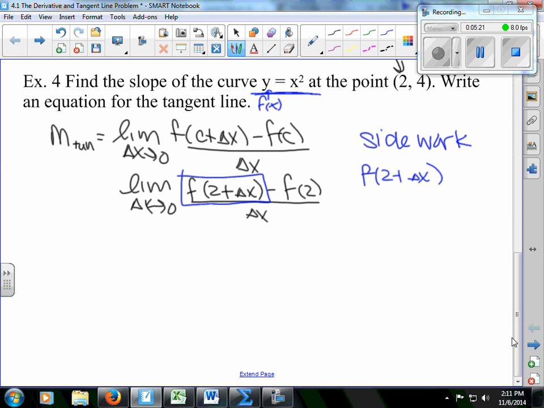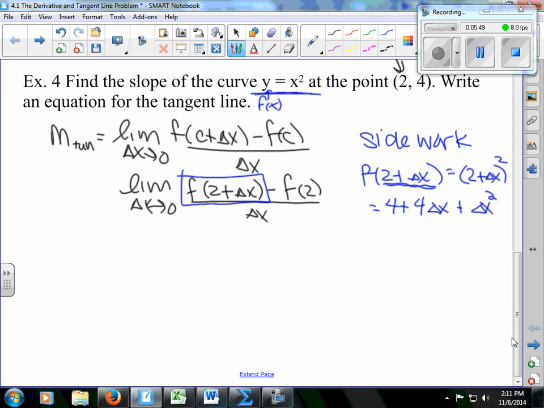I need to take the x in x squared and replace it with the input 2 plus delta x. So that equals 2 plus delta x squared, which is f of 2 plus delta x. This FOILs to 4 plus 4 delta x plus delta x squared.